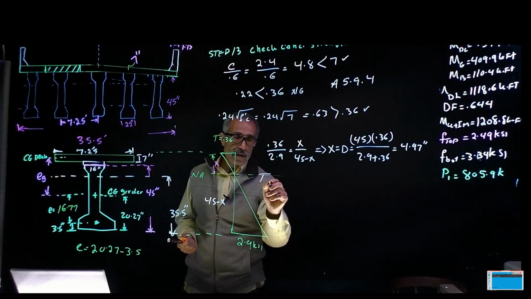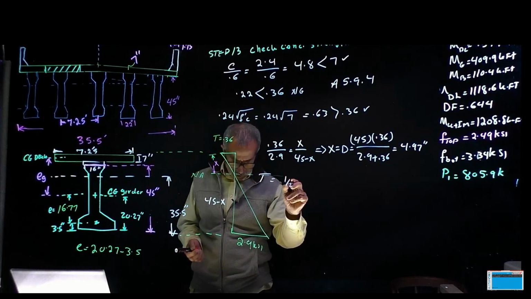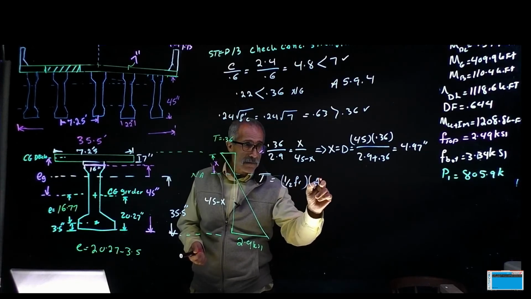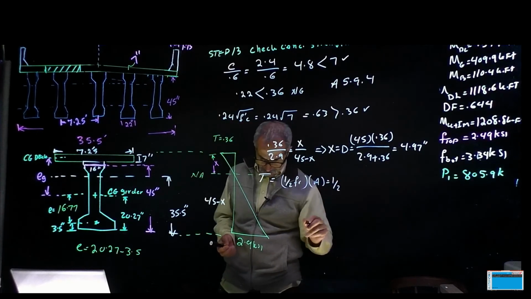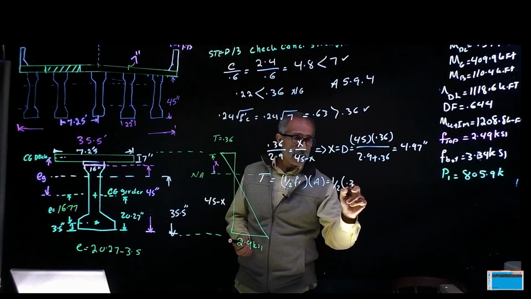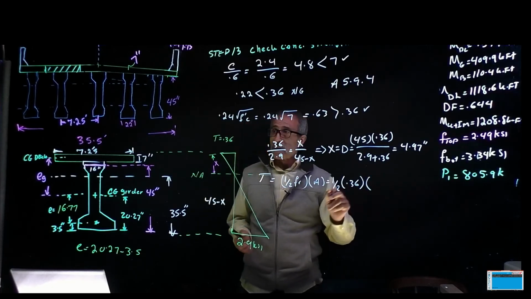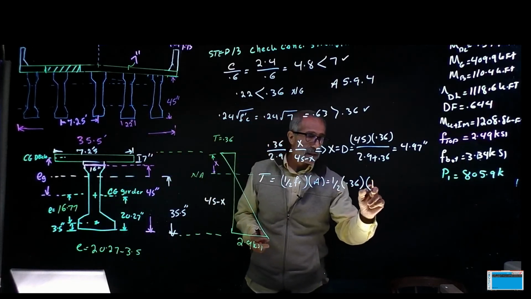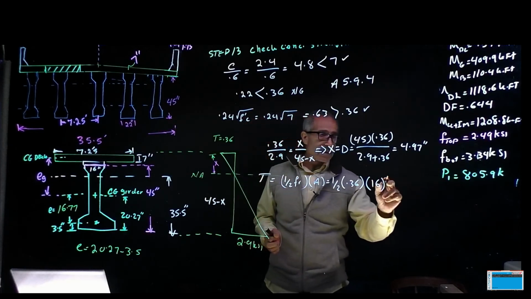Tensile force is going to be 1/2 of f_r times the area, which is 1/2 of 0.36 times 16 inches, this right here, times 4.97, the distance.